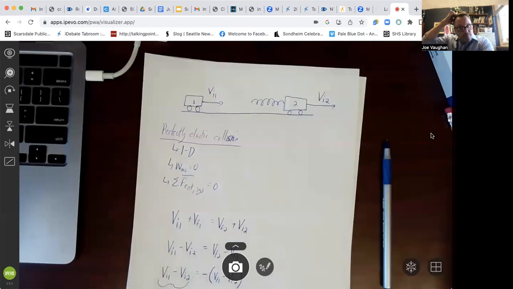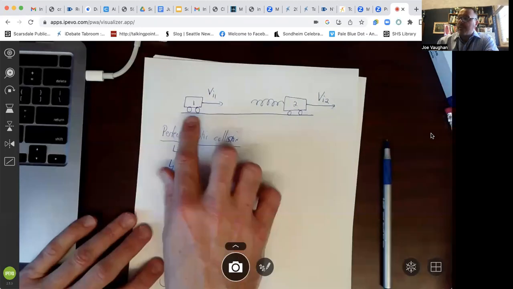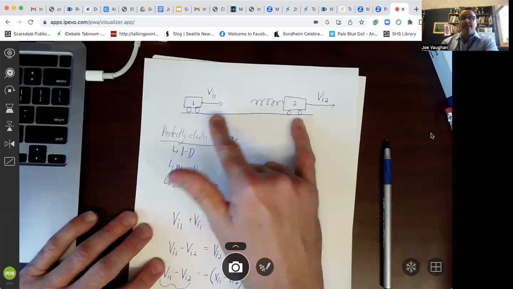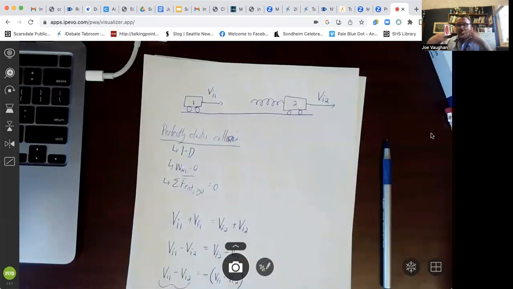Which is a really powerful notion for a one-dimensional perfectly elastic collision, because there's a certain context that makes sense. For example, we'll look at an example where what happens if these two masses are of equal mass, and we'll see what happens there. And I think that will really bring to life this idea of the speed of approach being equal to the speed of recession for any perfectly elastic collision.